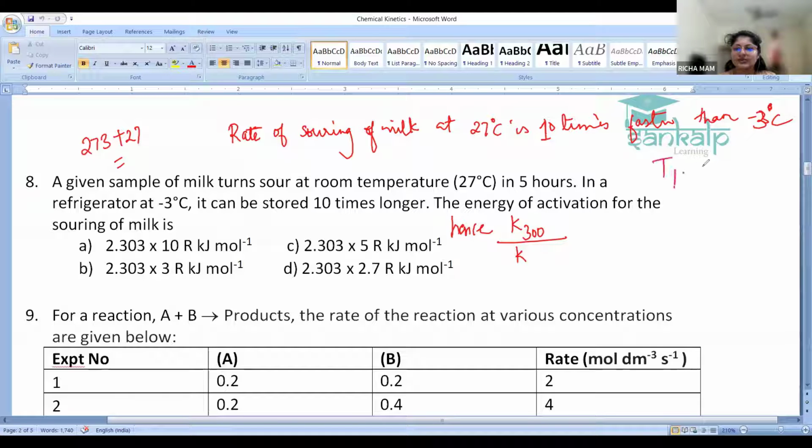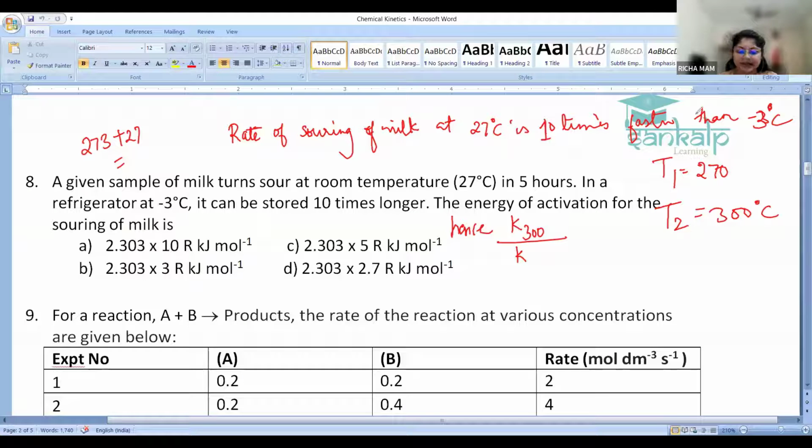So your T1 will be 270, and T2 will be 300.